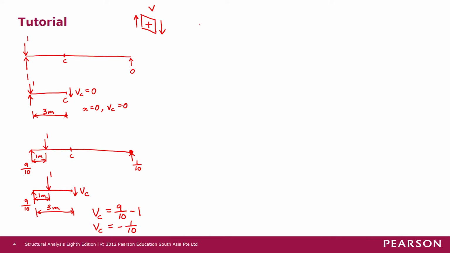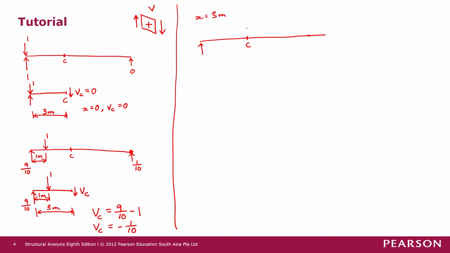Okay, so when x equals 3 meters, now x is exactly at point C there, so you have to be careful here, because now we have two shear forces at point C for this condition.